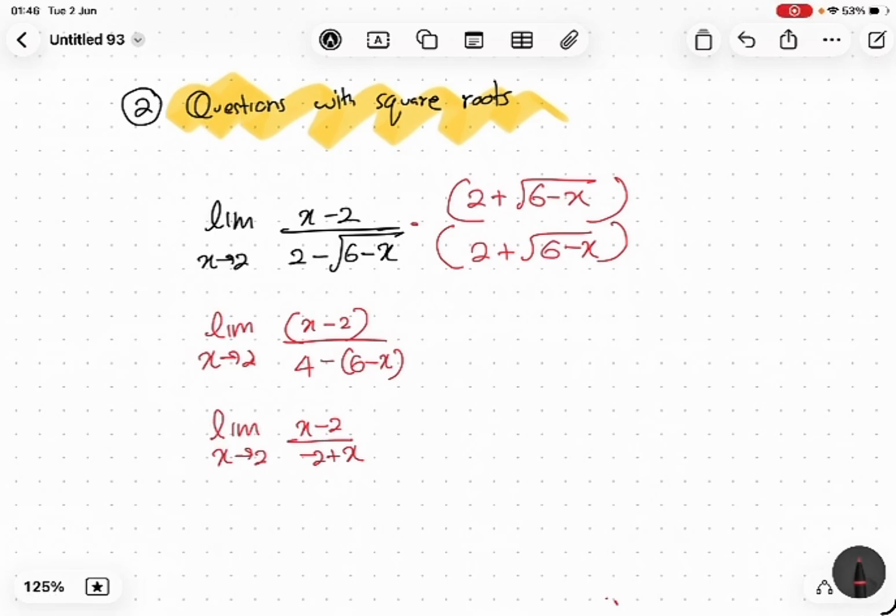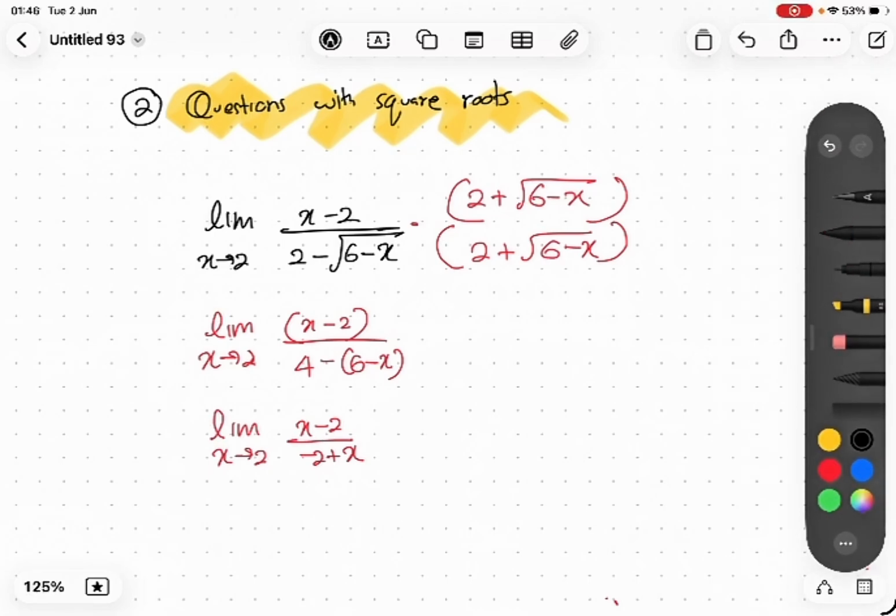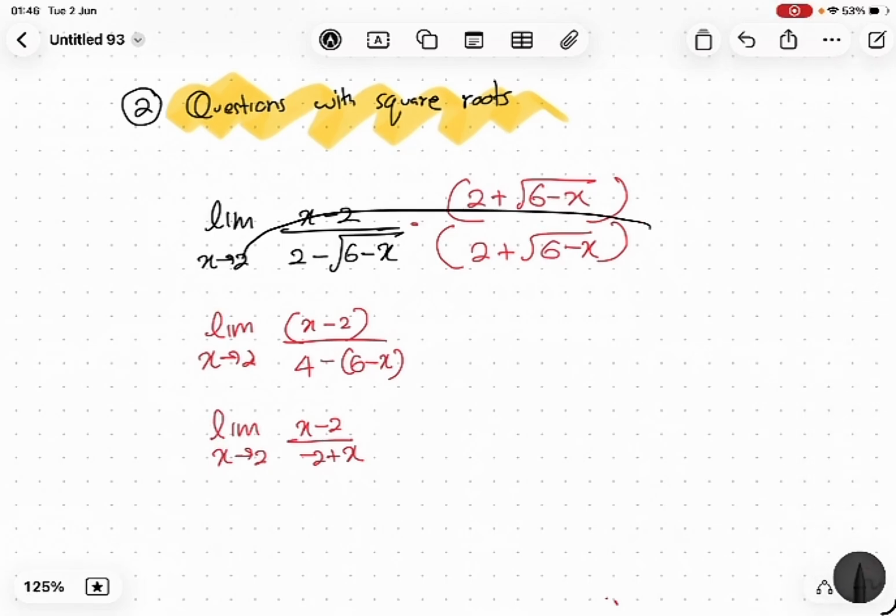And then we forgot something. Keep in your mind, we pair this one and write it as a difference of two squares, but we have this remaining thing. Next step, you just separate it and write it like this.